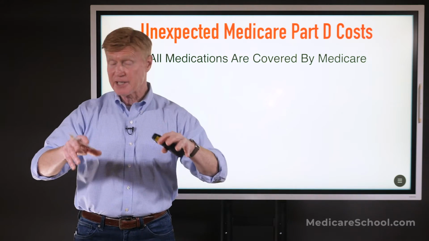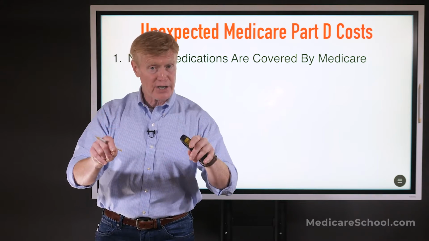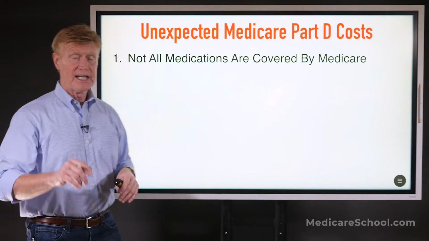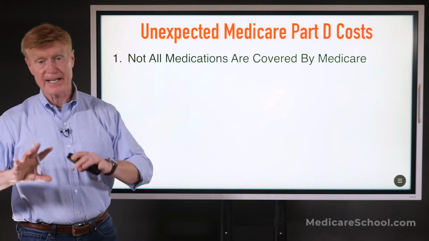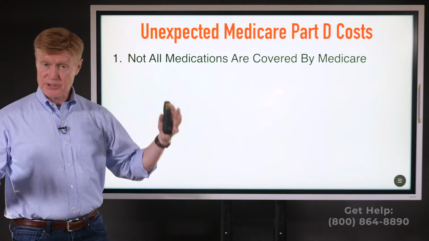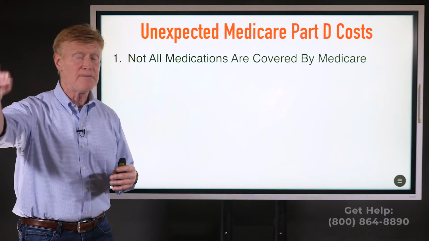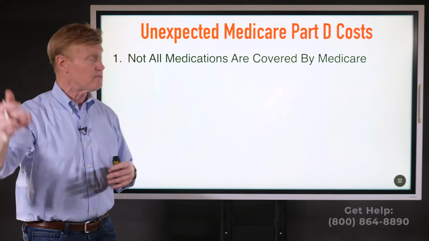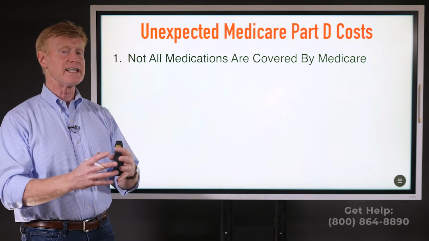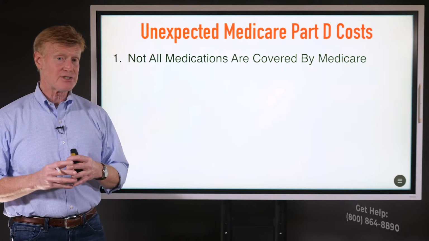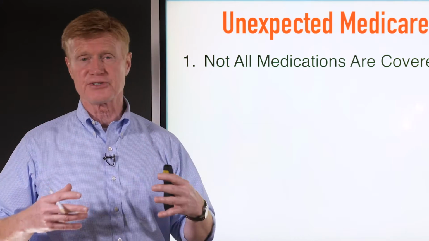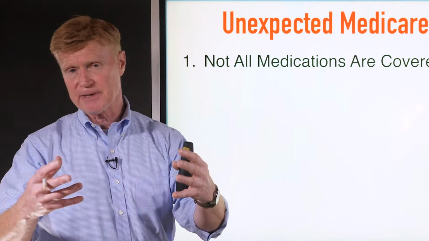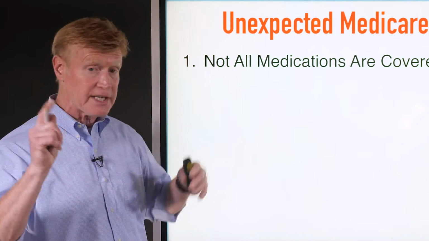You just have to find a plan where those medications are going to be covered. But it could be that you're on a medication that is not covered by Medicare whatsoever, and that can be very surprising and very unexpected because maybe it was covered by your group plan or your individual plan, but there's no Medicare plan available that's going to cover that medication. So hopefully you can find some alternative or some equivalent to that particular medication. Again, not all medications will be covered by Medicare.